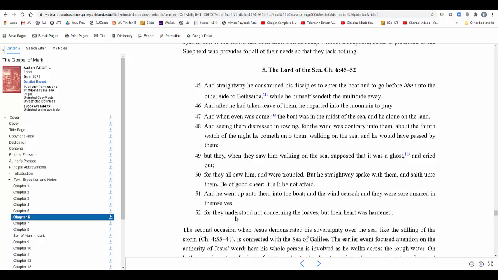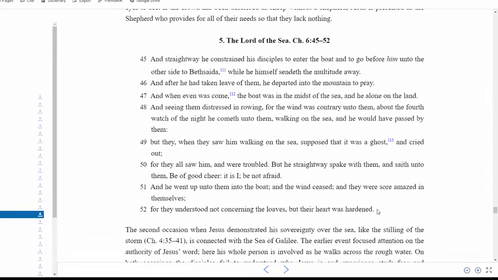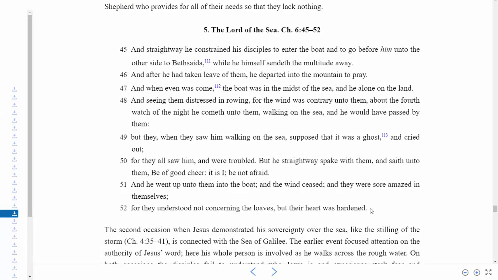52 reads, "For they understood not concerning the loaves, but their heart was hardened." Just offhand, I did not check to see whether this series, Gospel of Mark volume in this particular series, had a prescribed, established version that the commentator worked from, or does this represent his own translation?